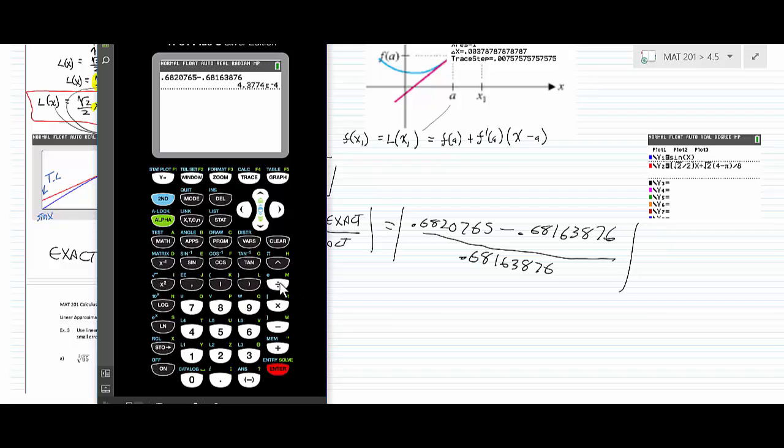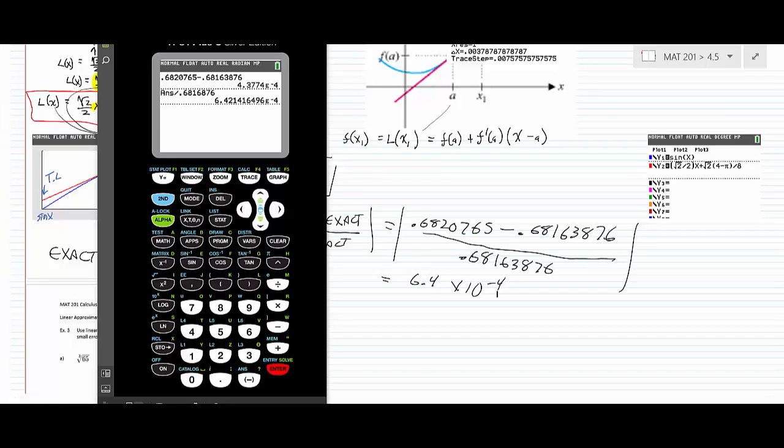Somebody can check my work. Now that's scientific notation, just leave it the way it is. Now divide by 0.68163876 like that, and that'll give you scientific notation again. So use a positive answer. That's 6.4 times 10 to the negative 4.